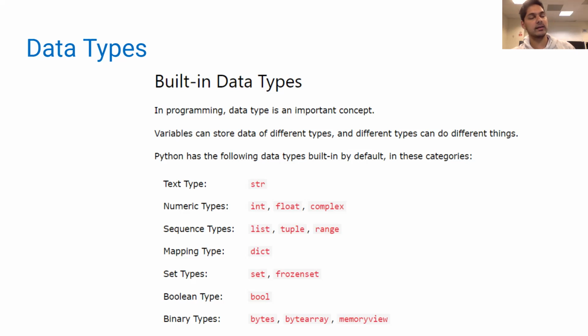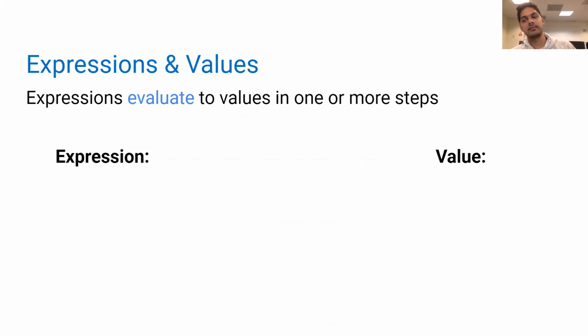Sets are kind of like a list, denoted with brackets, a collection of items, except we don't allow duplicates, and I believe they're unordered. Booleans are true or false. We don't really work with binaries that much, so I'm not going to talk about that.